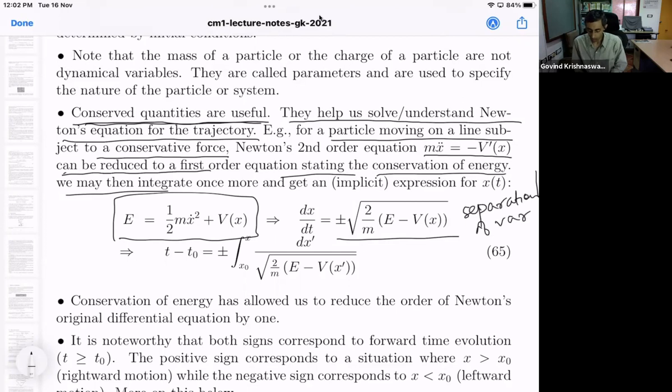It is in the next step that variables have been separated, namely x's are all on one side and t's are all on the other side. Then it is easy to integrate, at least formally. So you have that dt is equal to dx upon square root of 2 upon m times E minus V of x. This is what we mean by separation of variables, t on one side, x on the other side. And now we are ready to integrate.